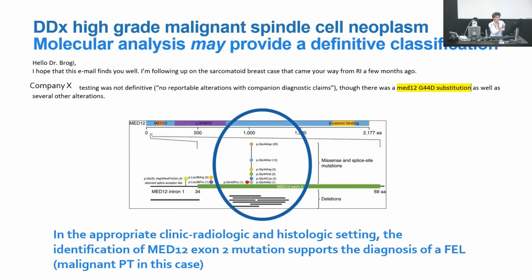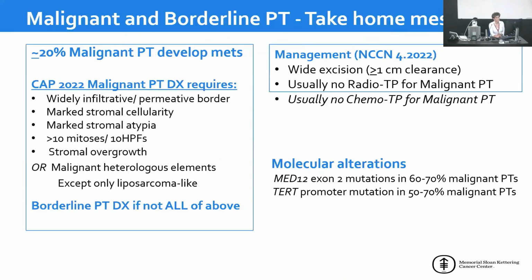So in the appropriate clinical, radiologic, histologic setting, if you find this mutation, that is diagnostic and supports a malignant phyllodes tumor in this case, which raises another question: can malignant phyllodes tumor develop from a fibroadenoma? Indeed, it could. It's an extremely rare event. So this doesn't change our management of fibroadenomas, but there is definitely the possibility of a rare case progressing from fibroadenoma to malignant phyllodes.